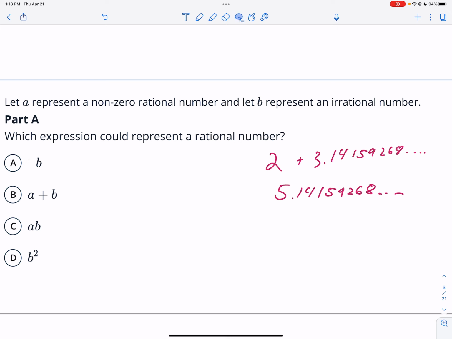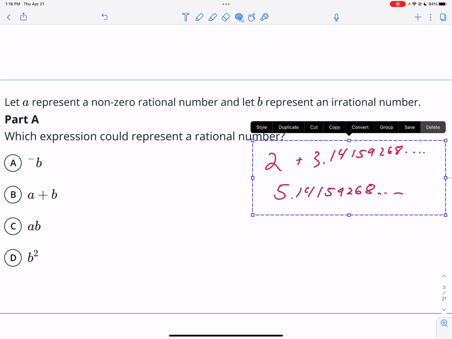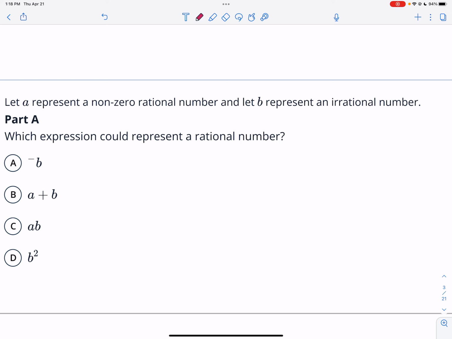And what's funny about this is it just turns out that when you add a rational number to an irrational number, it doesn't suddenly become a rational number. It's always going to stay irrational because those decimal places at the end don't necessarily become rational. Like you're not going to make a pattern occur, or else we would just always do that. We would never have to write a rational number if we could just add another number to it and then take it away or something.